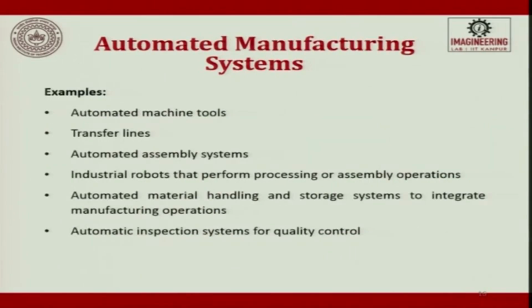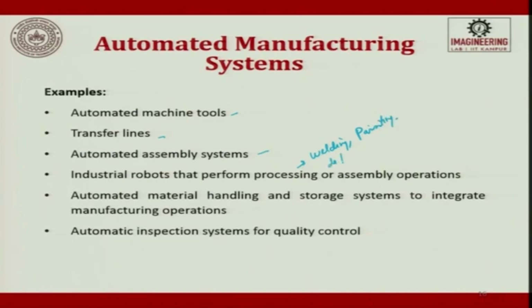So, examples of automated manufacturing system: an automated machine tool is part of automated manufacturing system, transfer lines, automated assembly systems, industrial robot that performs processing like welding, painting.